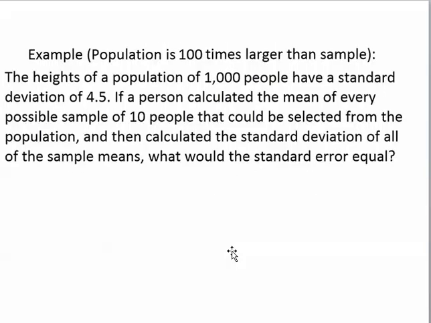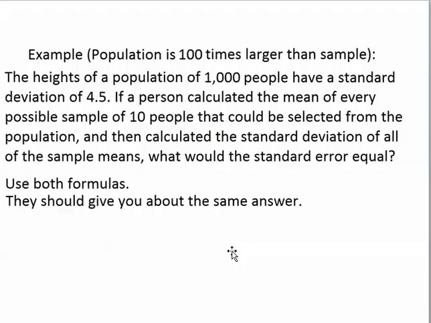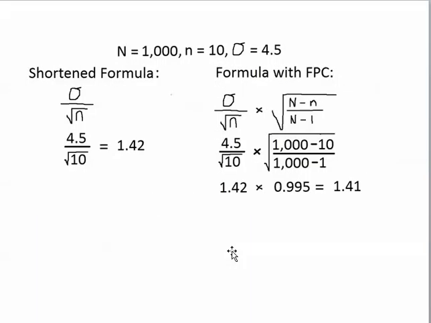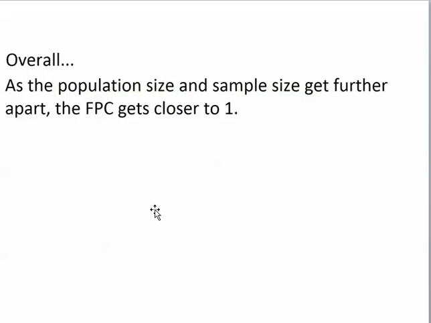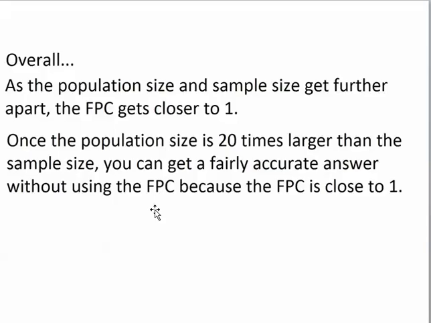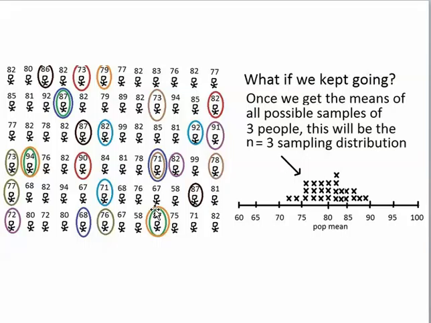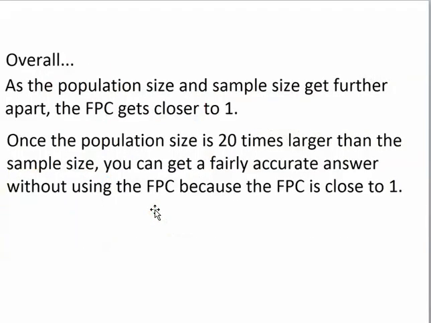Now, if the population size was 1,000 and the sample size was 10, they would come out really close because the population size and the sample size are really far apart. So they get closer to 1, and if the population size is about 20 times larger, you can get a fairly accurate answer with just the short formula, meaning the short formula and long formula are about the same.